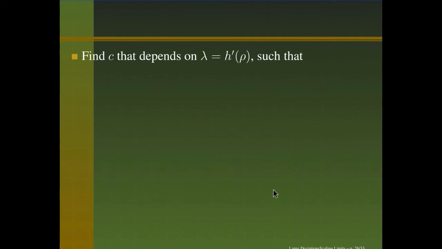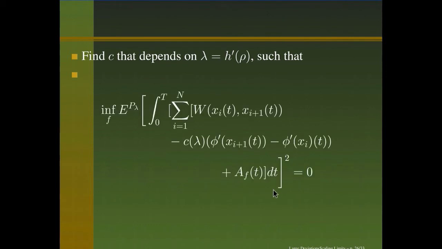That means maybe you can find a constant c that depends on lambda, such that if you look at the integral of w and subtract from it the integral of some LF for some f, then the difference may reduce to a gradient of phi prime. So such a c, if you can find, will still allow us to replace w by c times phi prime.